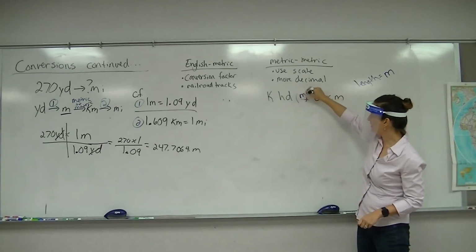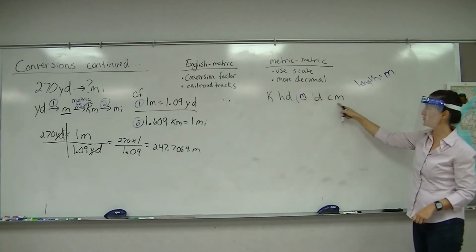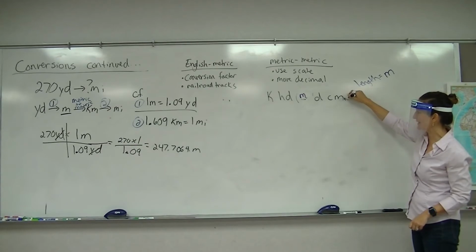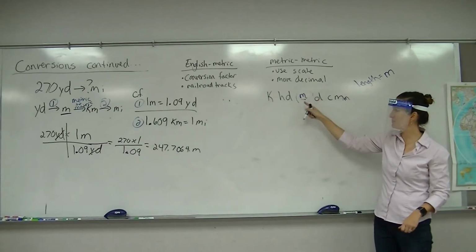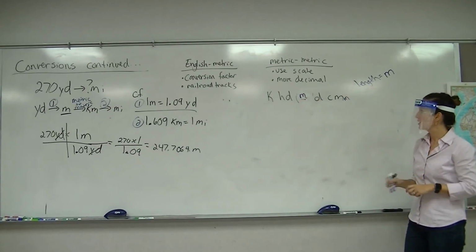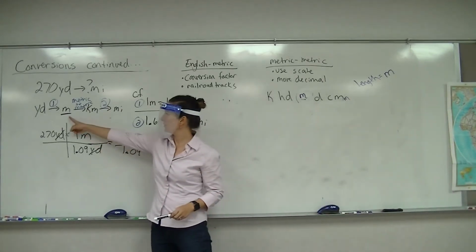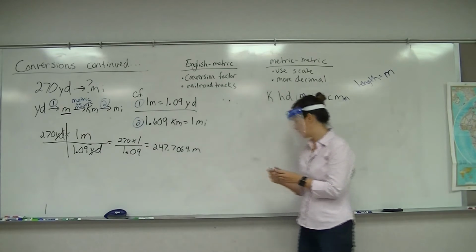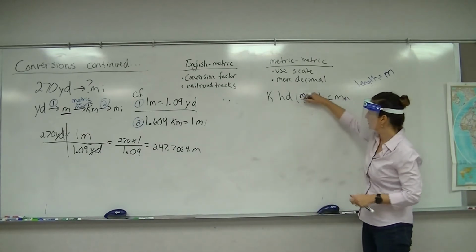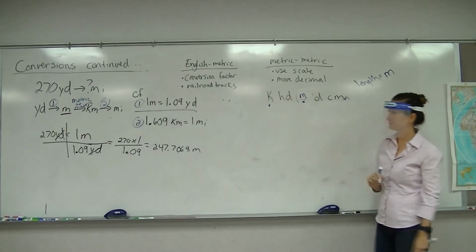I'm going to put an M here, not to be confused with this M. Remember, this is millimeters, and this middle M is meters. So we want to go from meters to kilometers, from the M to the K.